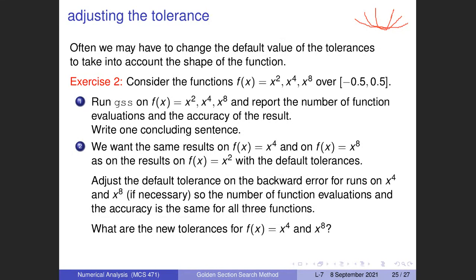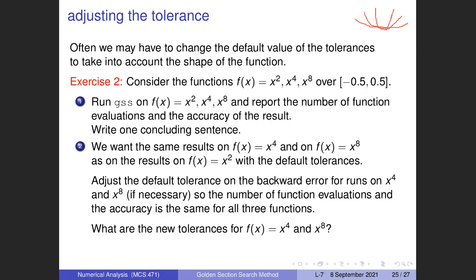Now the second part asks you to change the default tolerances so that the end result, the enclosing interval, is actually the same. The accuracy we really care about is the length of the enclosing interval.